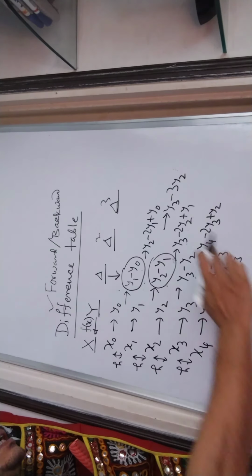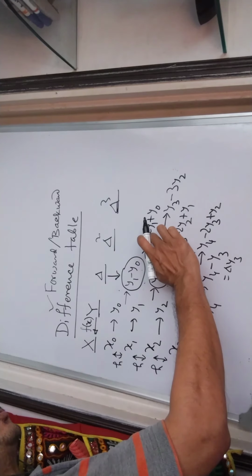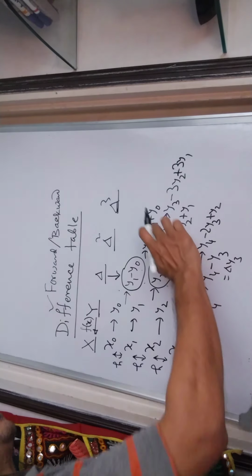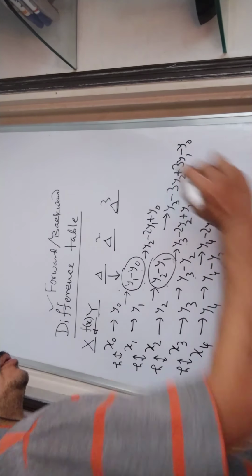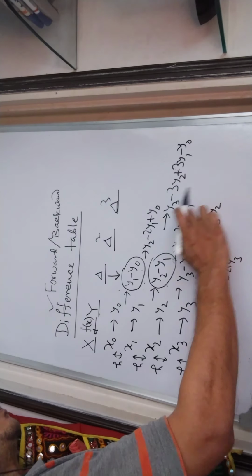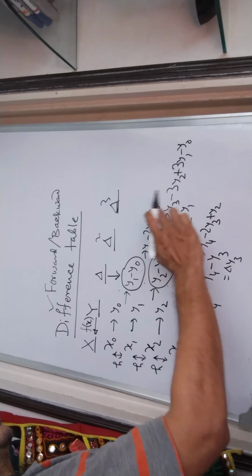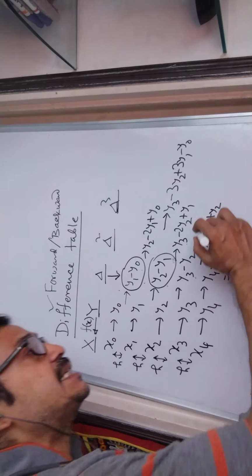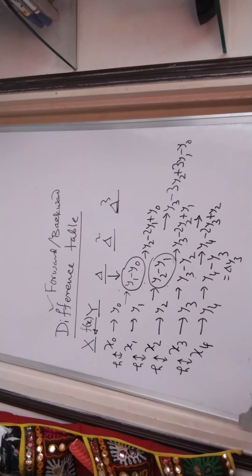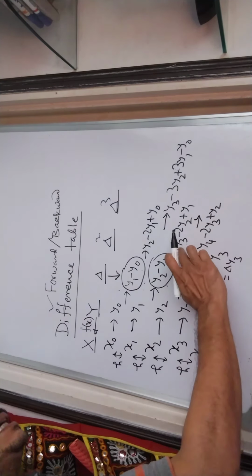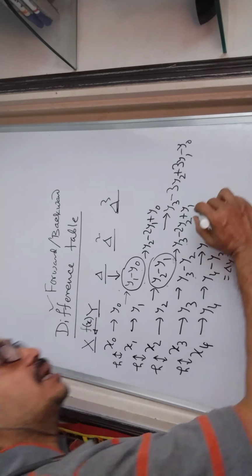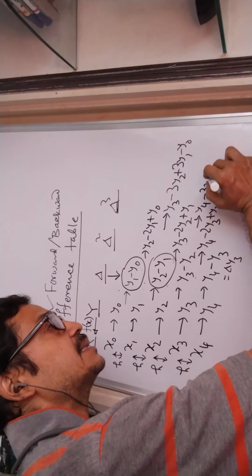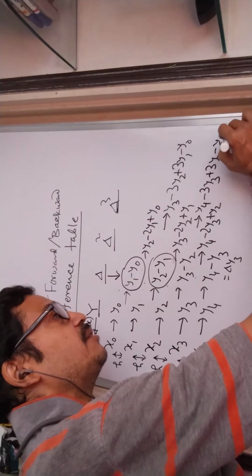Minus 2y2 minus y2, and this is plus y1, minus of minus 2y1, so this becomes plus 3y1, and then we have minus y0. This results in y3 minus 3y2 plus 3y1 minus y0. Similarly, y4 minus 2y3 plus y2 minus y3 plus 2y2 minus y1 gives us y4 minus 3y3 plus 3y2 minus y1, isn't it so?